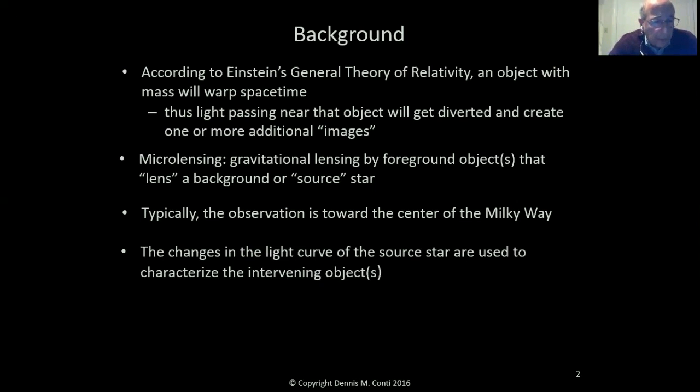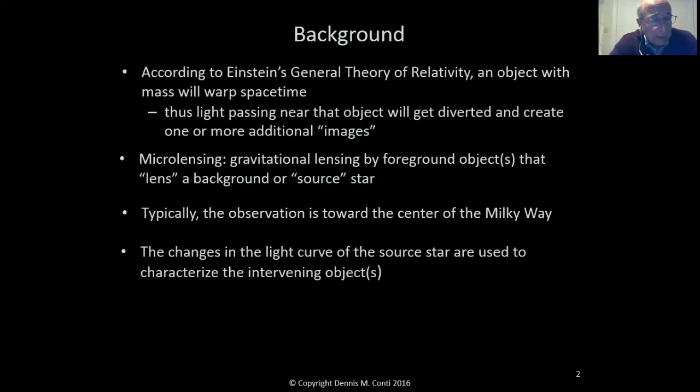As a foreground star system moves in front of a background star, the light of that background star, that is to say of the source star, will change. The light curve generated by that movement of the foreground object will cause an extreme change in the light curve of the source star.